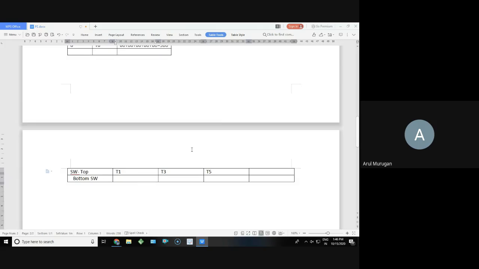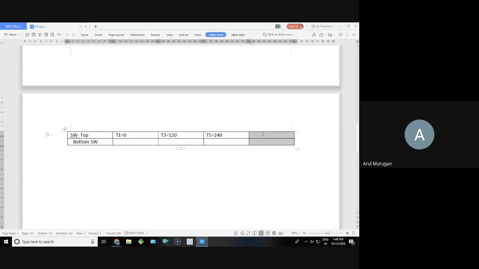What is the angle of the top switches? T1 is 0 degrees, then 120 degrees, and then 240 degrees.